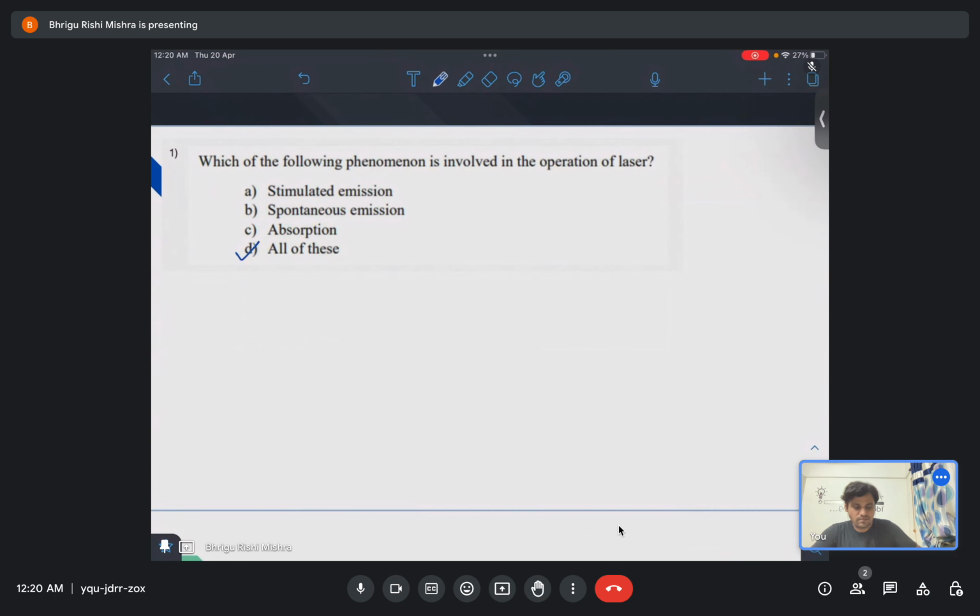The main principle of laser, what is it?